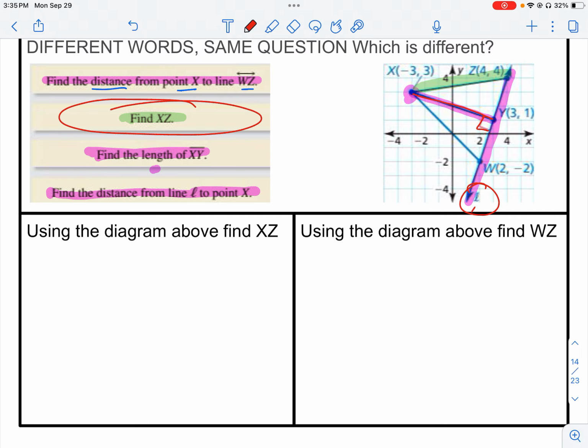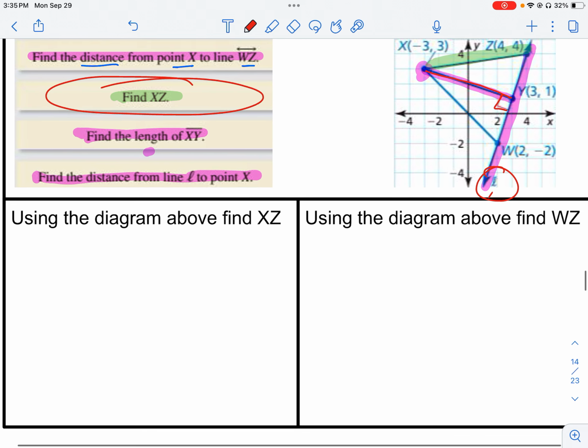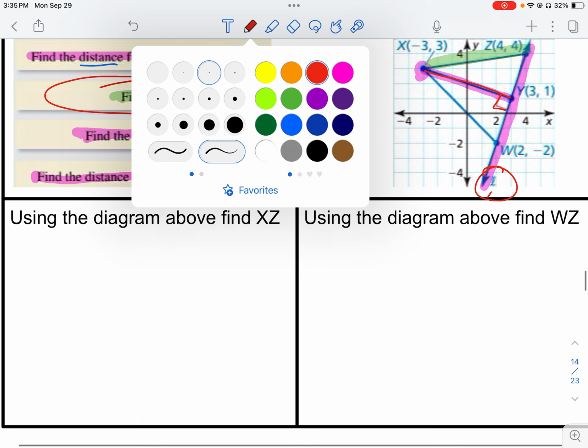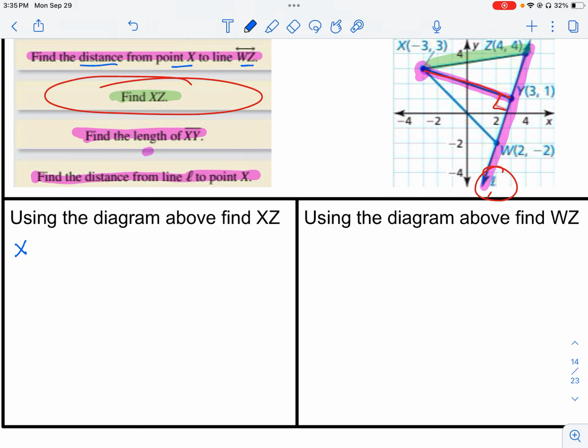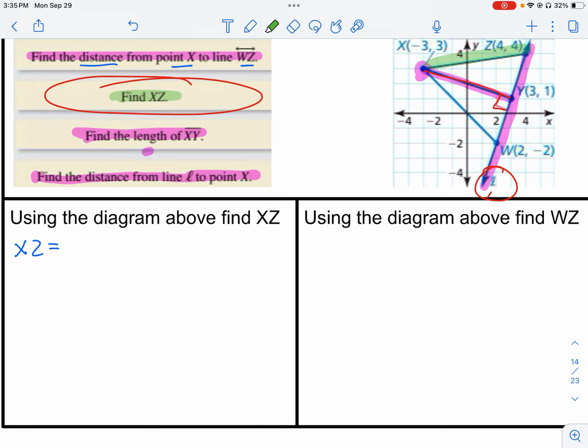So let's use the diagram above, which is this right here, to find XZ. Oh, okay. That's just the distance formula. XZ is one we highlighted in green originally, so let's just find that using our distance formula. No problem at all. We know how to do that.